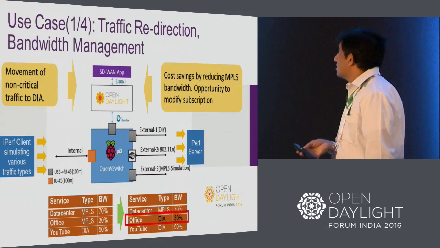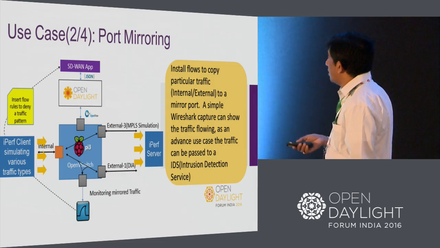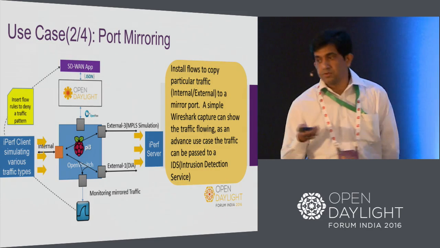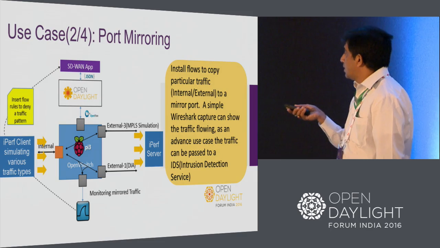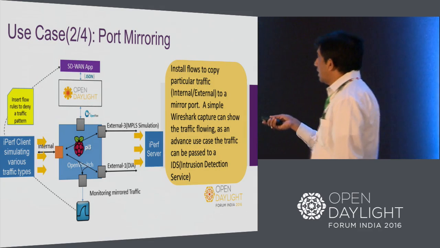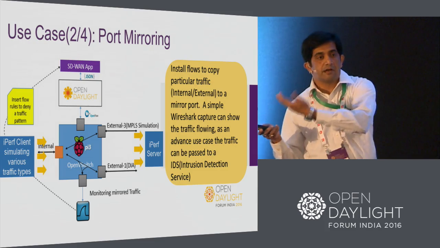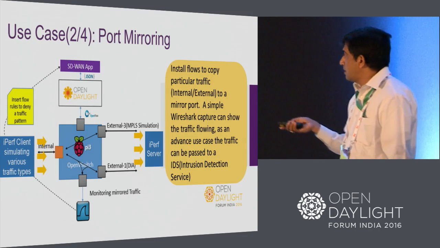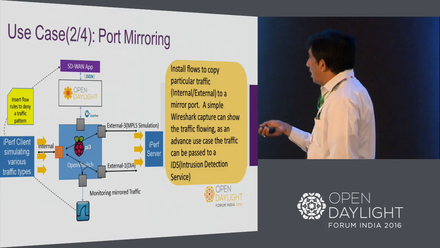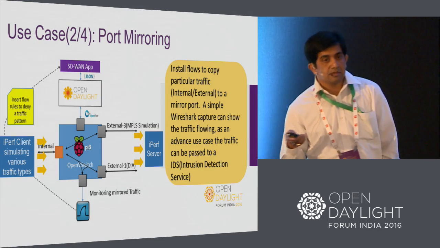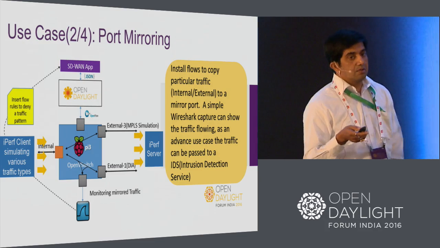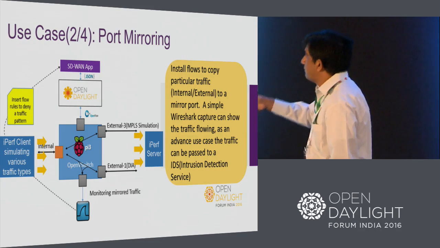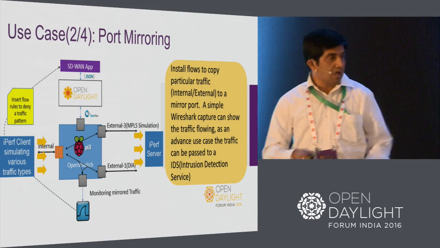The next case is intelligent traffic control. Here we insert flows to mirror the traffic. We would say that we want to monitor any kind of external traffic that is coming into our network, and we mirror the traffic to a monitoring device, which could be as simple as Wireshark, or it could be an IDS or an IPS system, and then we can give some feedback to the SD-WAN app. Right now it is all static.